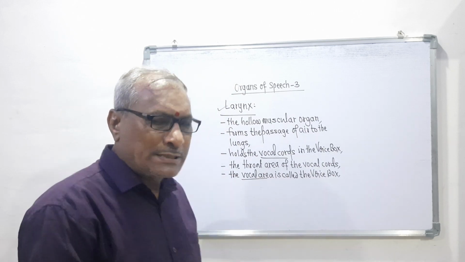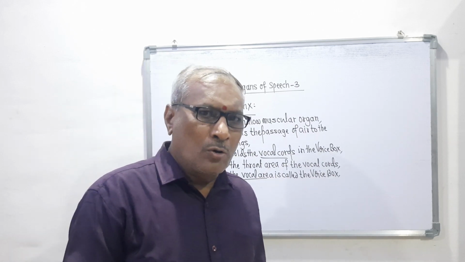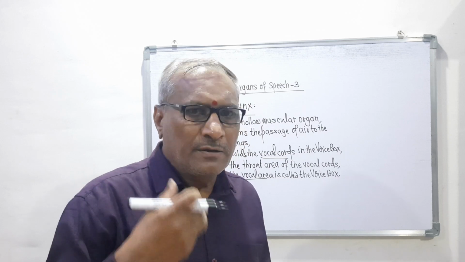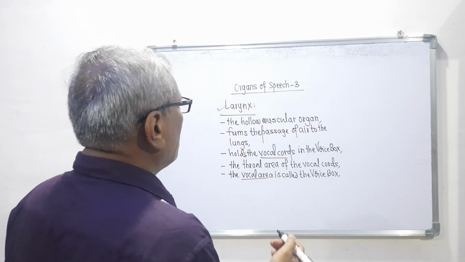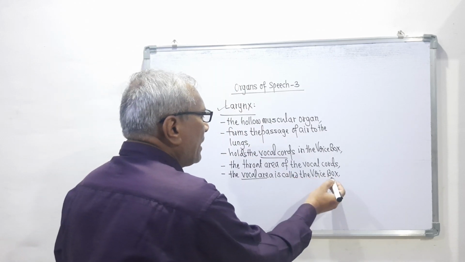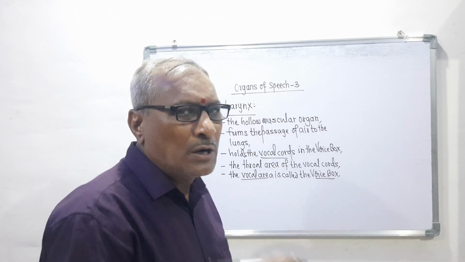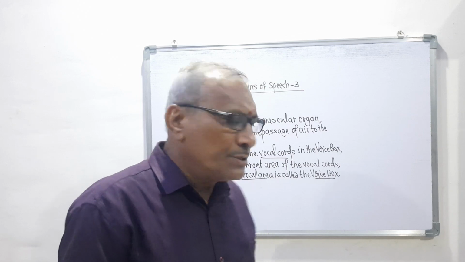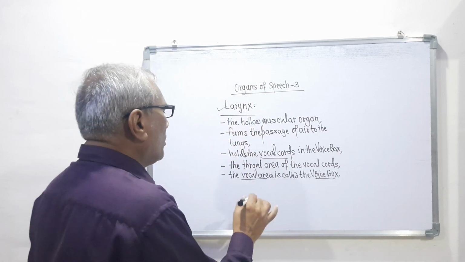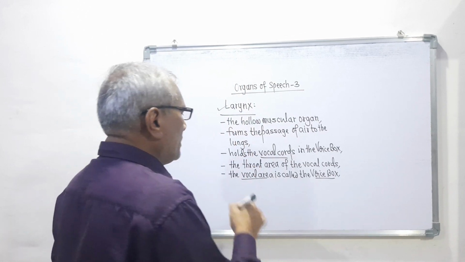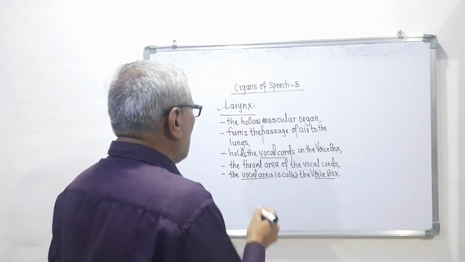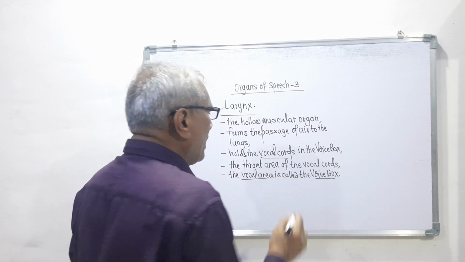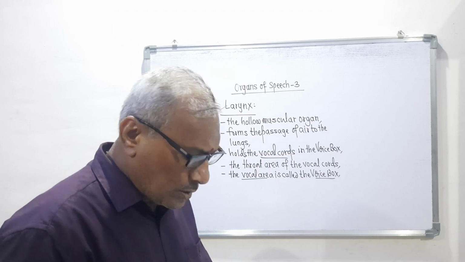Means the vocal cords are there, and the vocal cords speak the sounds, and that is the box. And in that voice box, the vocal cords are situated, are placed by God, and these vocal cords speak our sounds, and that's why the vocal area is called the voice box.